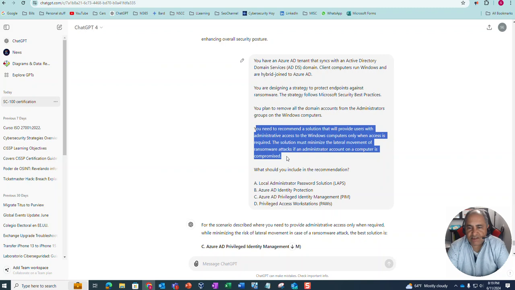The solution must minimize the lateral movement of ransomware attacks if an administrator account on a computer is compromised. What should you include in the recommendations? And the choices are A, Local Administrator Password Solution or LAPS. B, Azure AD Identity Protection. C, Azure AD Privileged Identity Management or PIM. D, Privileged Access Workstations or PAWs.